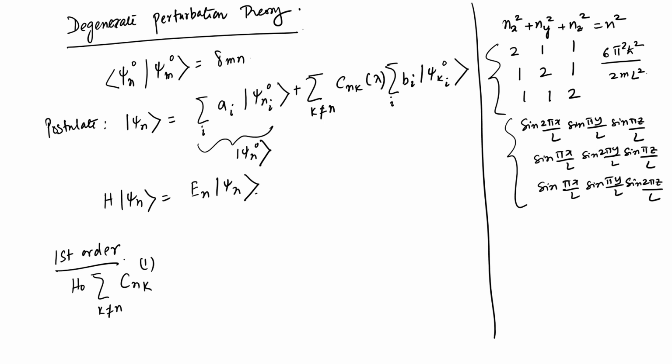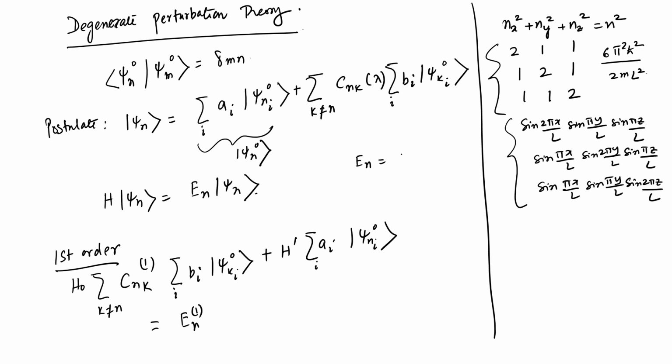What I mean by first order is first order in lambda, just the way we have done it for the non-degenerate perturbation case. And then there is a sum over I, b I, psi k I 0, plus H prime sum over a I psi n I 0, and this is equal to E n 1, which is what you want, that is the first order correction to energy. And so, basically E n is equal to E n 0 plus lambda E n 1 and so on.